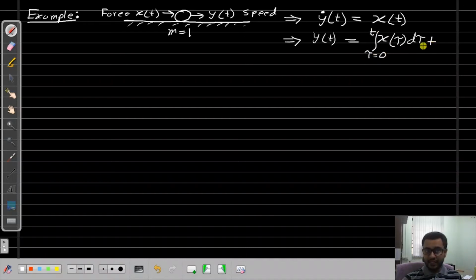Then we have to add the constant of integration, which is nothing but the speed of the object at time t equal to 0, or initial speed. Now let us consider some different possible input versus output situations.